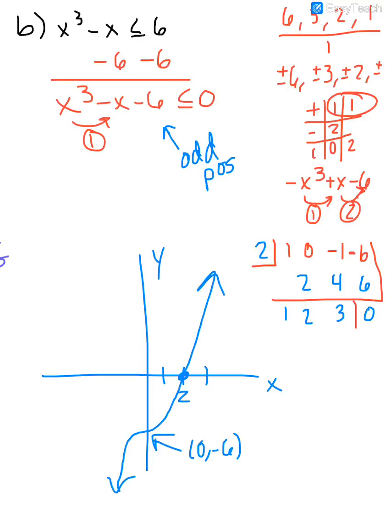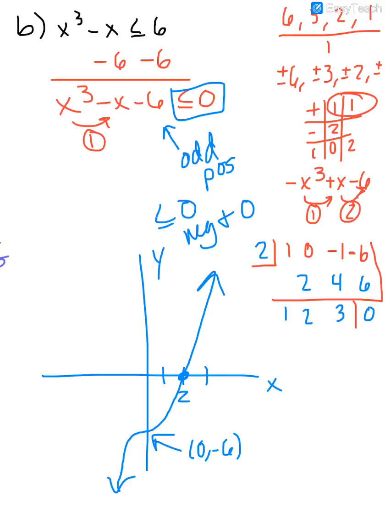So don't worry about what the sketch looks like. You're just trying to figure out where it makes it true. So here we're saying it's less than or equal to 0. So I want it to be negative, and equal to, or make it negative and 0 at the same time.